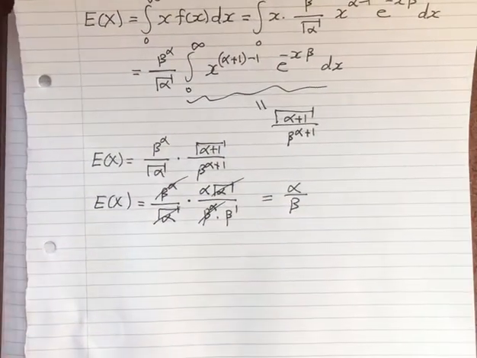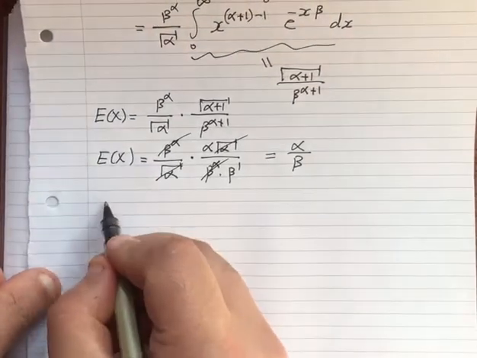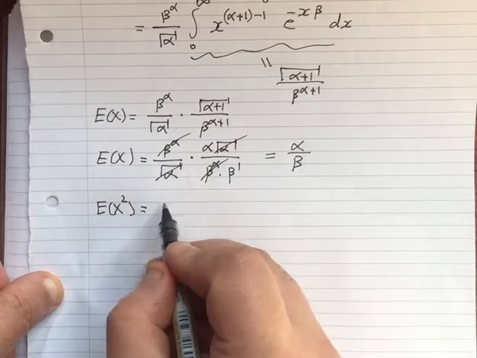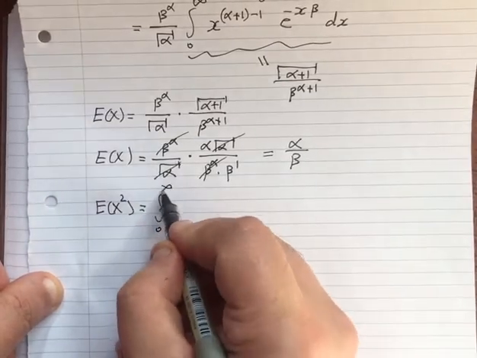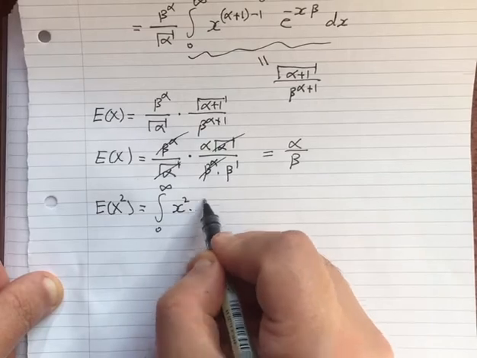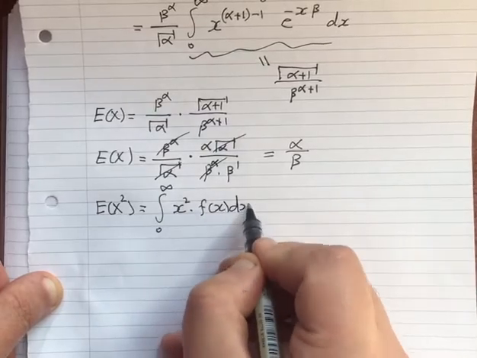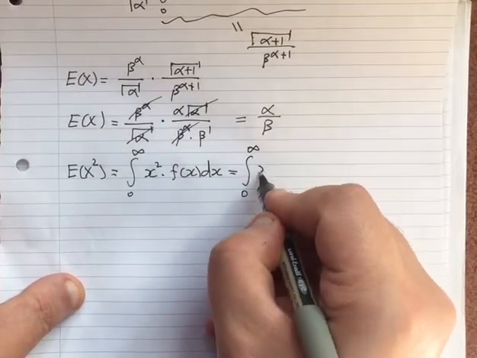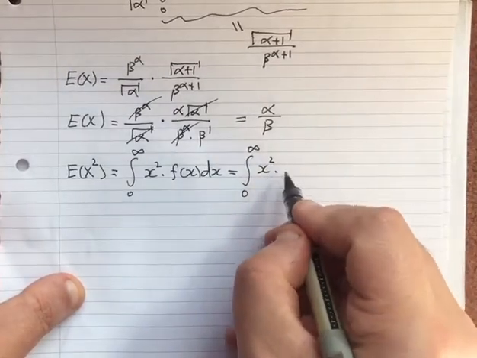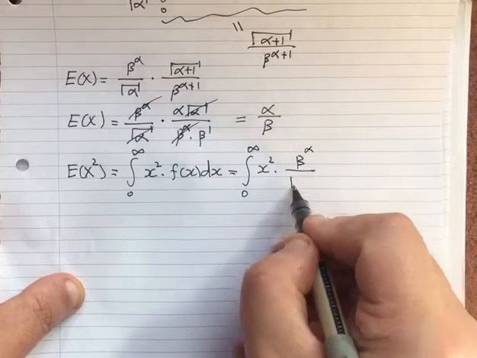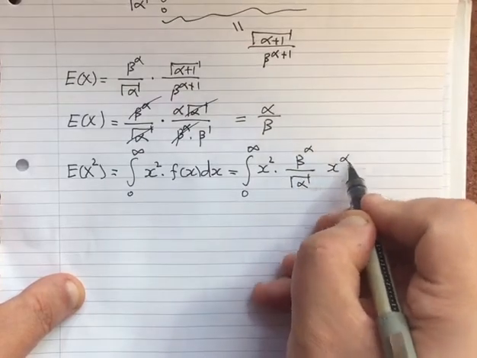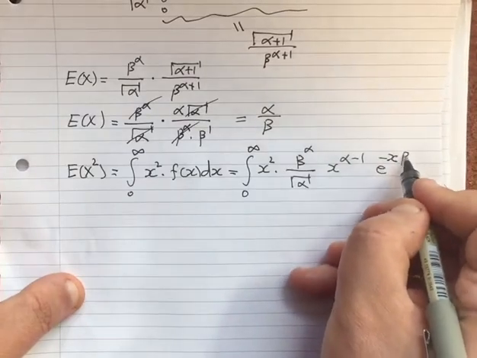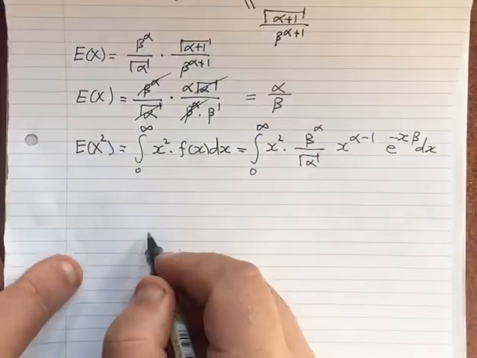Now, in order to find the variance of x, we need to find first the expectation of x squared. So the expectation of x squared, the same thing, is the integral from 0 to infinity of x squared f of x dx, and that equals the integral from 0 to infinity of x squared beta to the alpha over gamma of alpha, x to the alpha minus 1, and then e to the minus x beta dx.